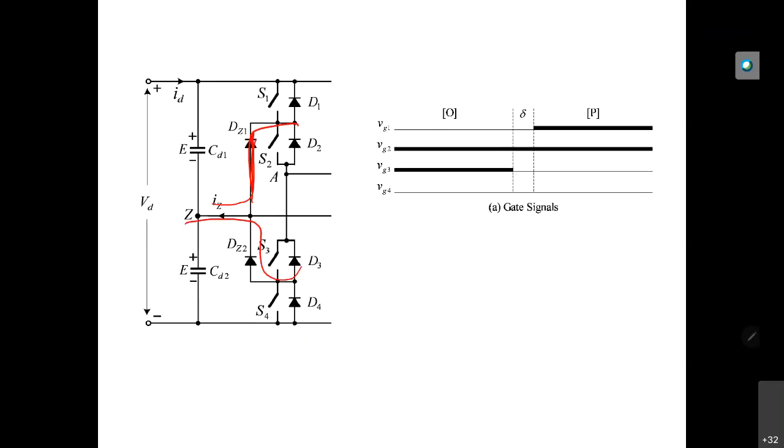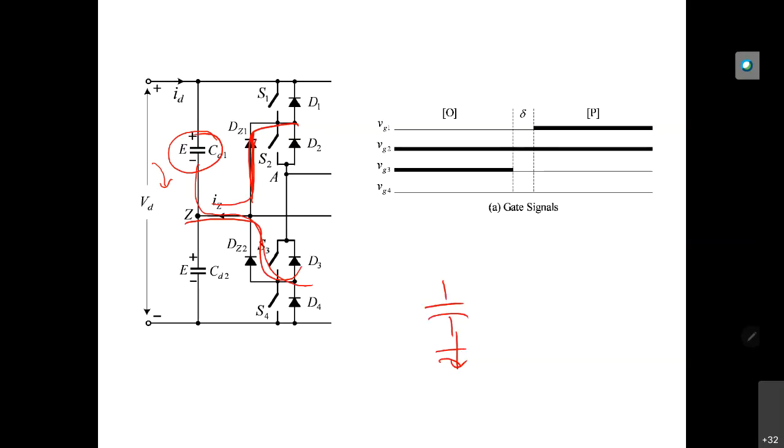For example, if you want to discharge this capacitor, you need to run the current in this direction, but the diodes are not allowing that. So even if you want to charge the capacitor, you cannot, because the diodes are not allowing it. The capacitor voltage stays as it is, and again it is discharging.